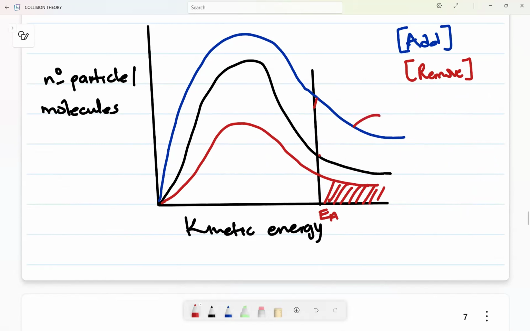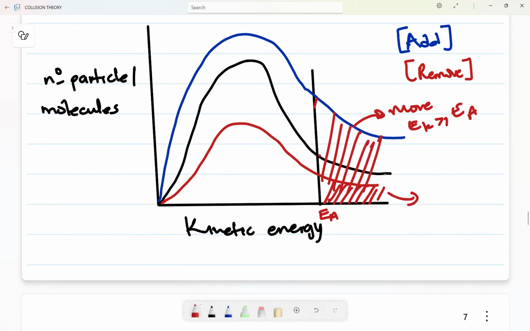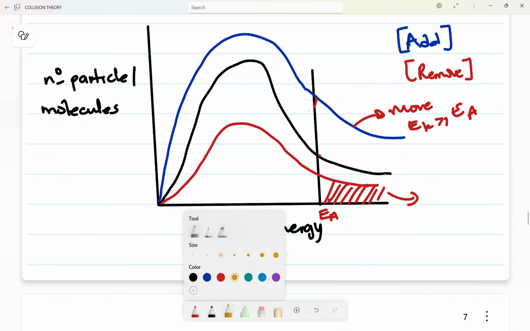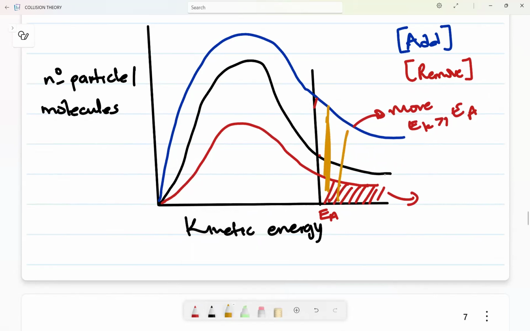So this is what you have to know and understand. For this one, more particles with EK greater or equal to EA. Remember, for this one it is also that portion. Or rather, let me use a different color. For these ones, it is all of these, including those.